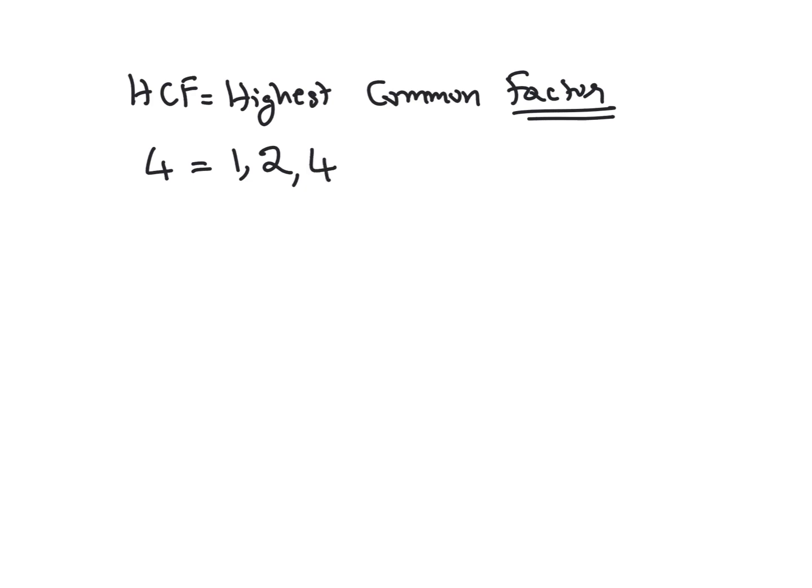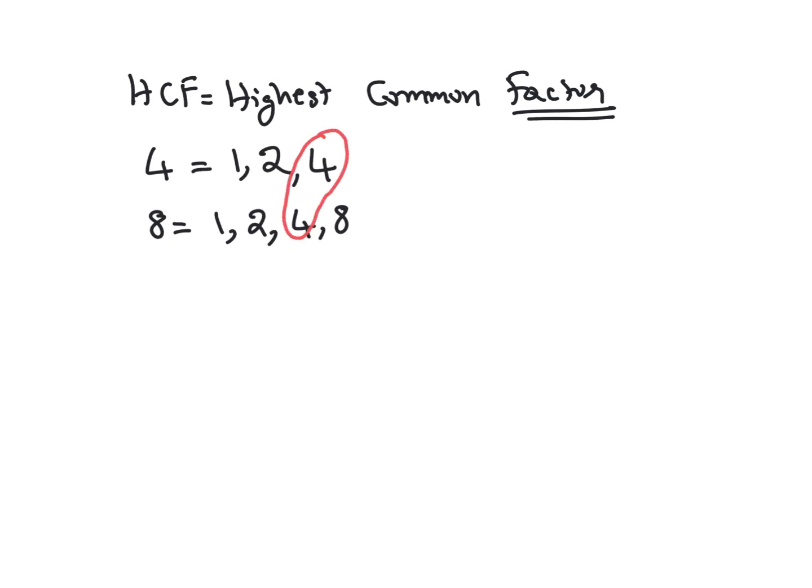Now do you understand what do you mean by factors? Means all those numbers that can divide the given number. Now what are the factors of 8? The numbers that can divide 8. 1, of course, then 2, then 4, then 8. Now what are the factors that are common to 4 and 8?